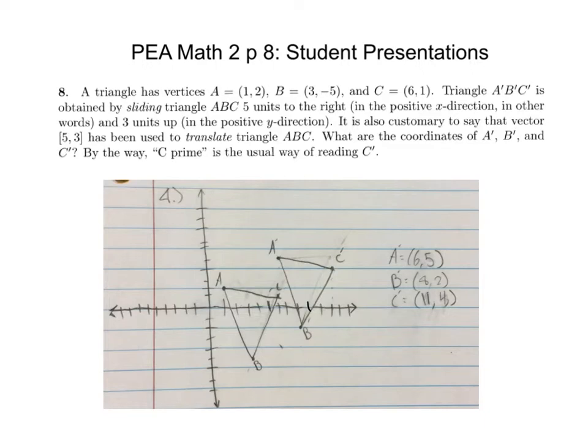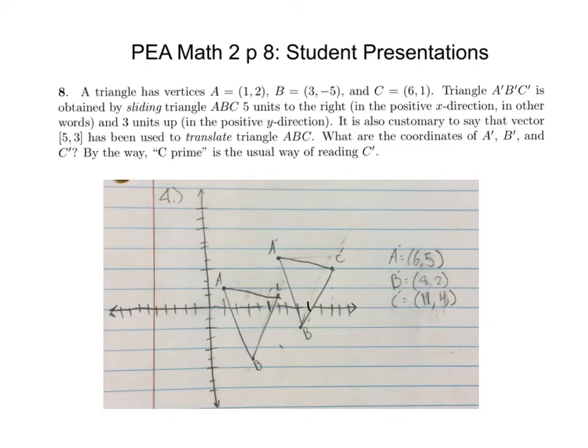It is also customary to say that vector (5, 3) has been used to translate triangle ABC. What are the coordinates of A prime, B prime, and C prime? By the way, C prime is the usual way of reading C'.